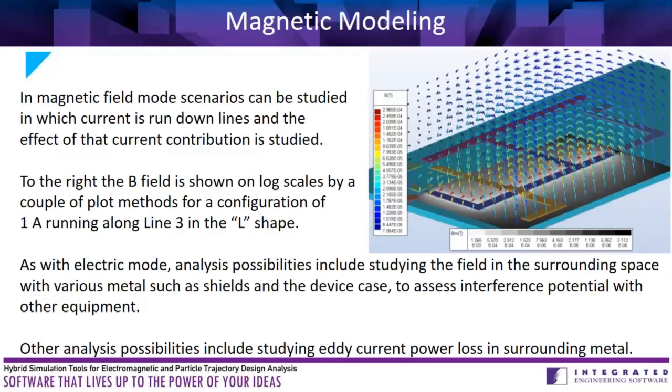But looking at the arrow plot here, I'm simply depicting the direction and magnitude of the field in some region of space above the circuit board. And you can see from this that the direction of the field is this kind of loop. I haven't shown it underneath, but it loops around. Magnetic fields wrap around the lines that are carrying current.